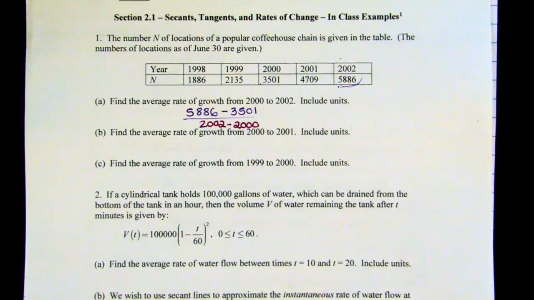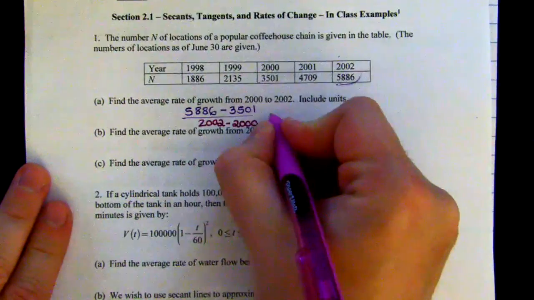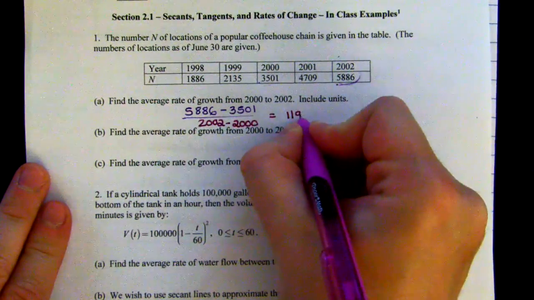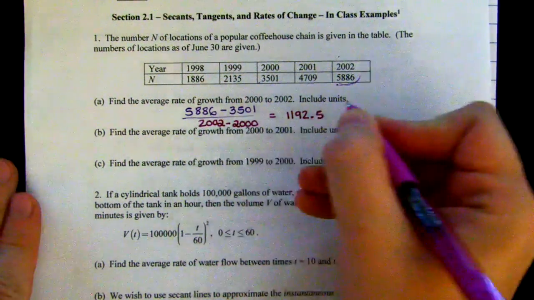Go to the calculator, and let's figure out what this thing is. 5,886 minus 3,501 divided by 2,002 minus 2,000. Type that into the calculator. And we should be getting 1,192.5.